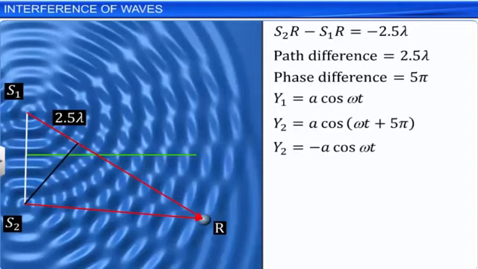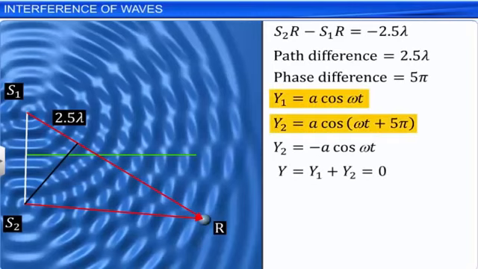The two displacements y1 and y2 are out of phase. If the net displacement at R is y, then y is equal to y1 plus y2, which is equal to 0. Hence, the intensity at R is 0. The two waves are said to interfere destructively, and this is known as destructive interference.